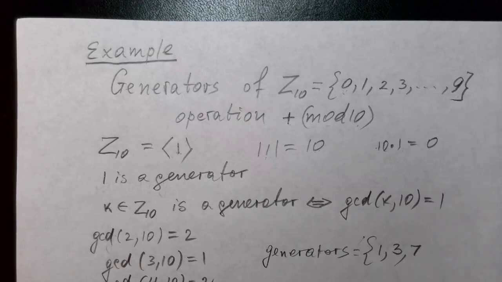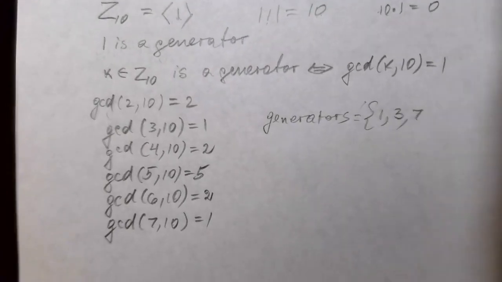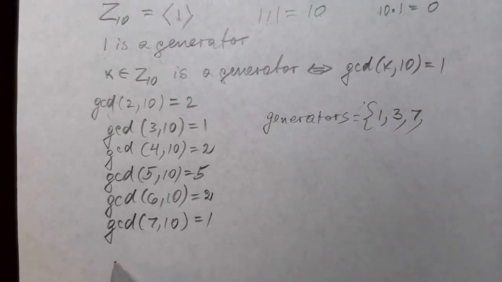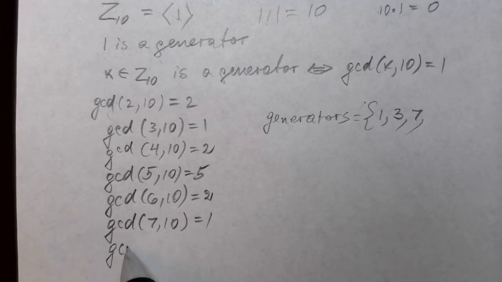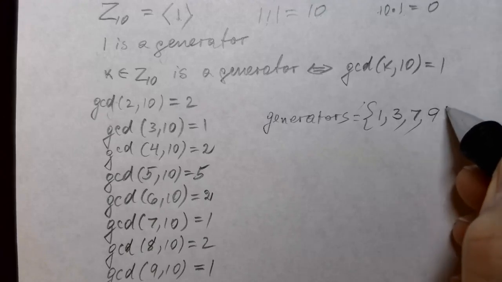So 7 is a generator. GCD of 8 and 10 is 2. 8 is not a generator. GCD of 9 and 10 is 1. So 9 is a generator.